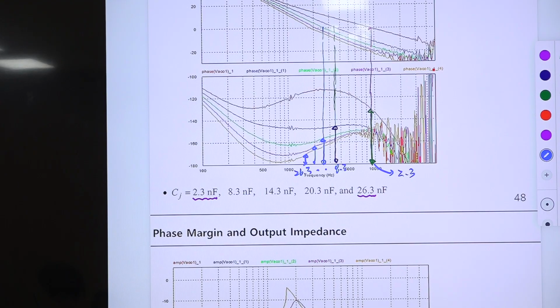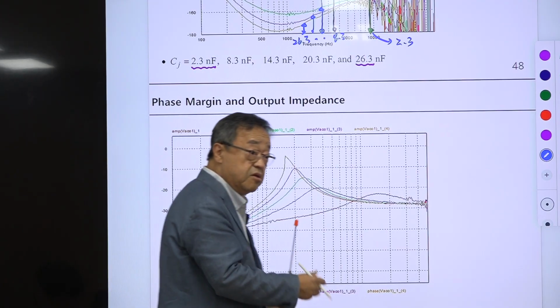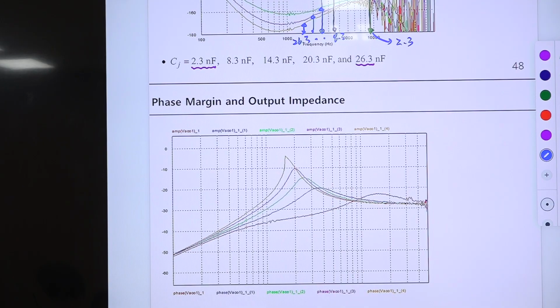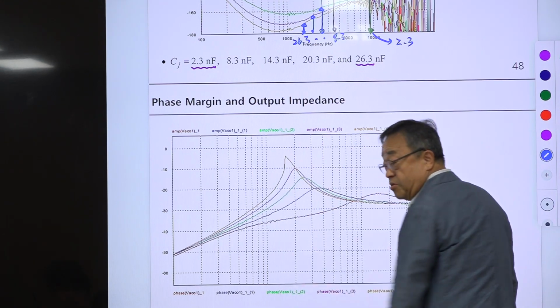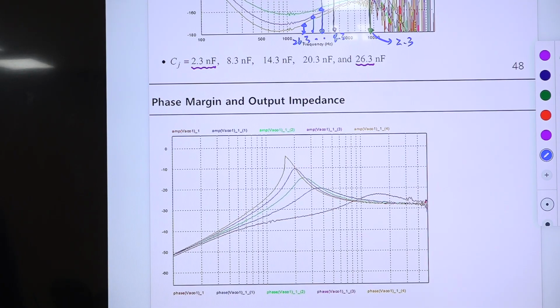Then what will happen to the output impedance? The peak occurs at the crossover frequency. So this peaking always occurs in the frequency neighborhood of the loop gain crossover frequency. And a small phase margin increases the peaking.